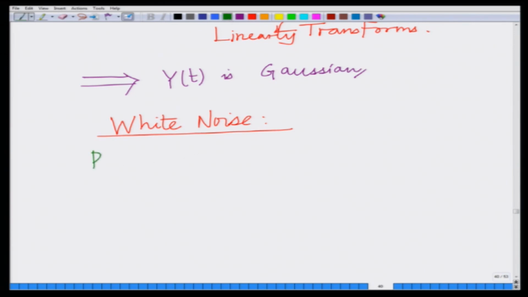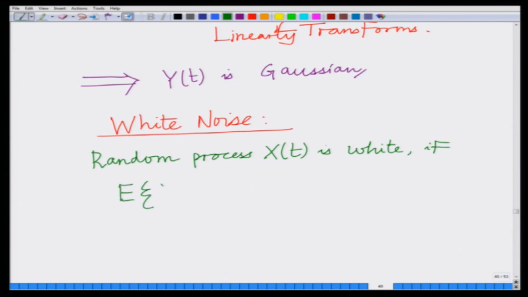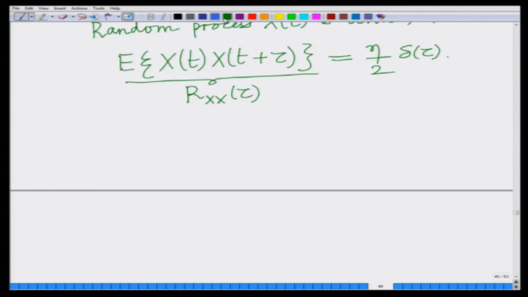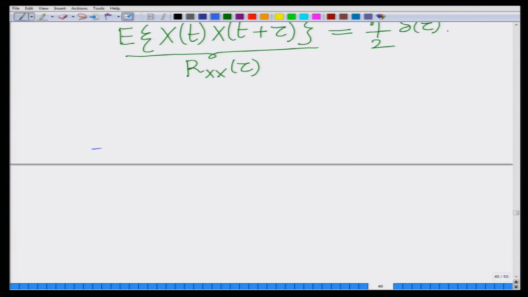A random process x of t is white if it is wide sense stationary and the autocorrelation, the expected value of x of t times x of t plus tau, which is your autocorrelation function Rxx of tau, is equal to eta by 2 times delta of tau.